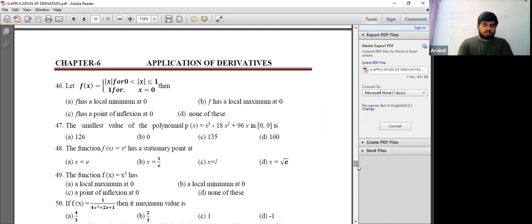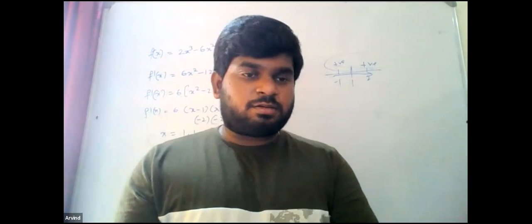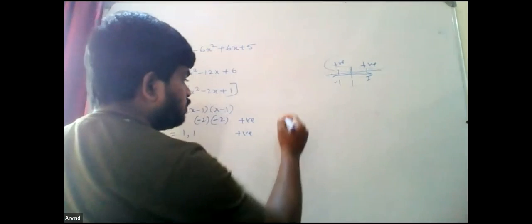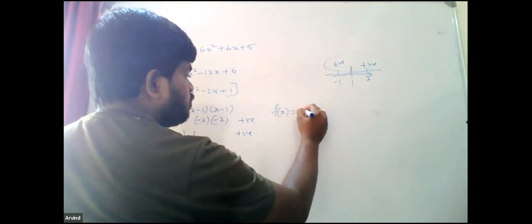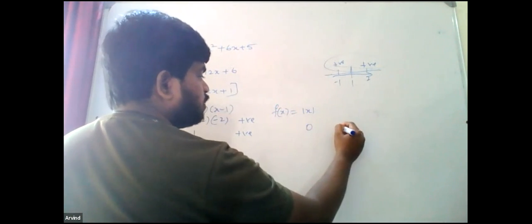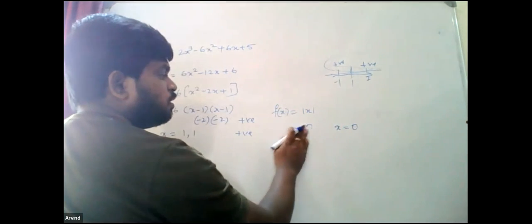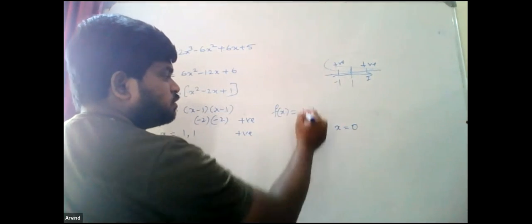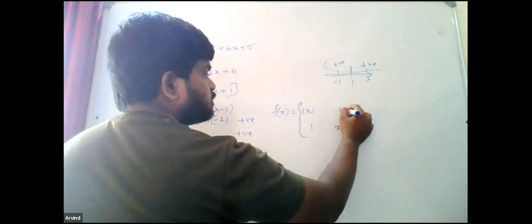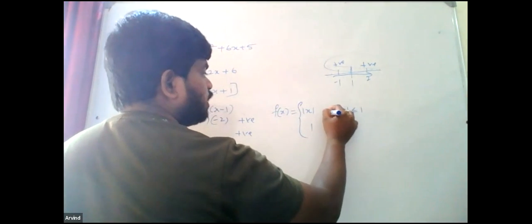Again, this one is also f of x is equal to mod x. Let me plot the graph and show you. F of x is equal to mod x or 0. If x is 0, then the value is 1. Mod x is less than or equal to 1, greater than 0.